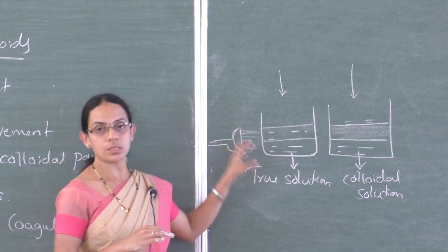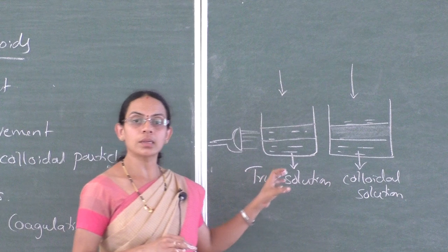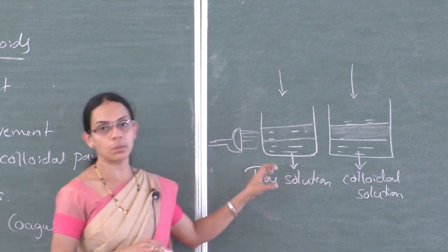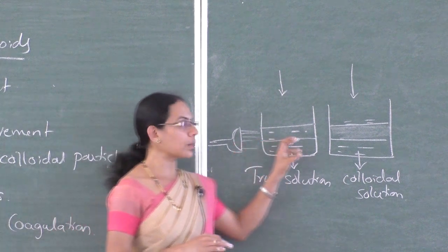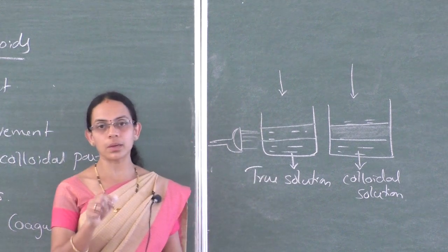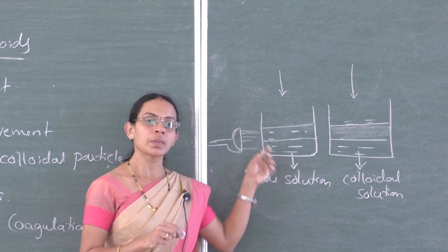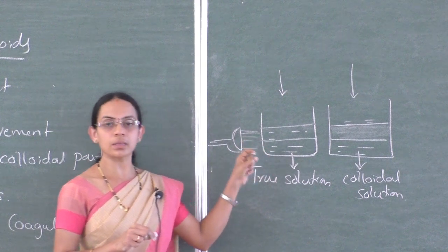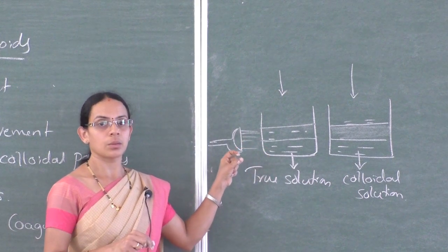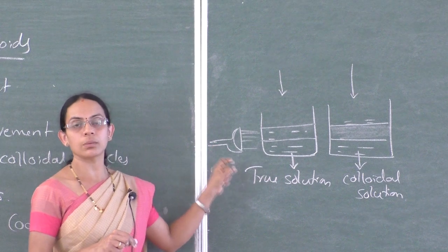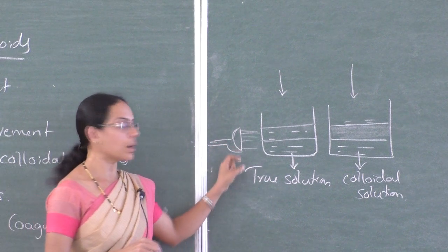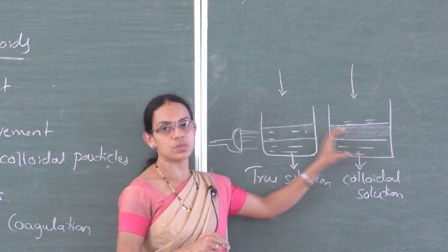The reason for this is the scattering of light by colloidal particles. As the size of the colloidal particle is slightly bigger than that of the particles of a true solution, the particles scatter the light. Because of the scattering of light by colloidal particles, the path of the beam of light is visible.